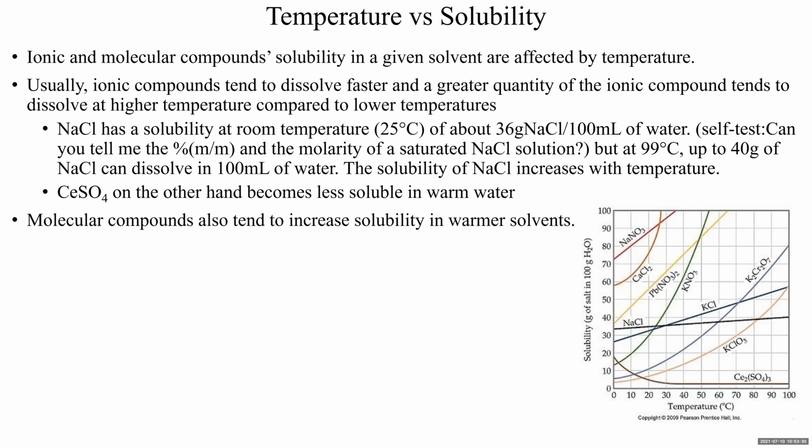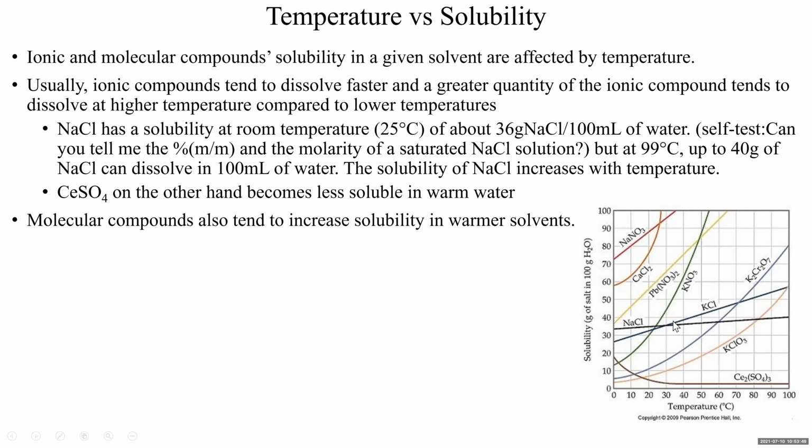But don't take my word for it. I don't have the graph here and I don't have the information in front of me, but I believe calcium hydroxide and aluminum hydroxide, like cerium sulfate, would have a negative slope, meaning higher temperature results in lower solubility. But for most of these, as you increase temperature, they not only dissolve faster, but they dissolve more.